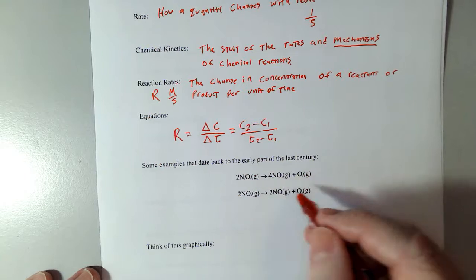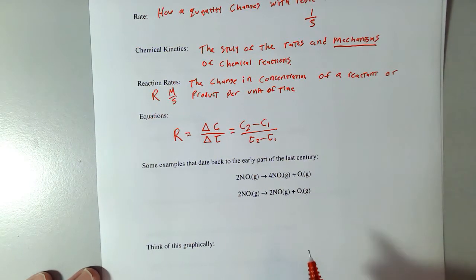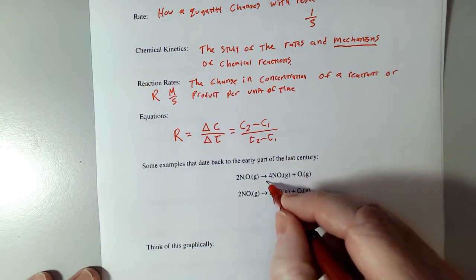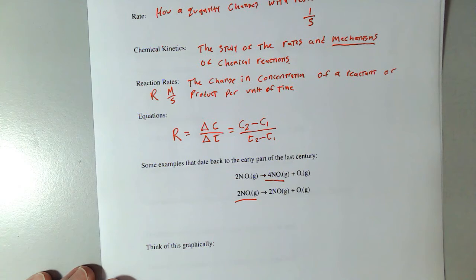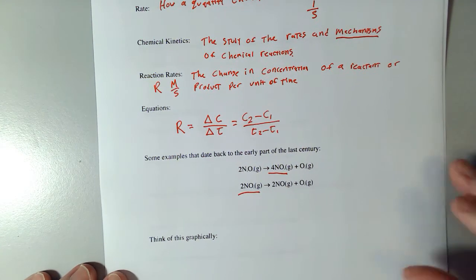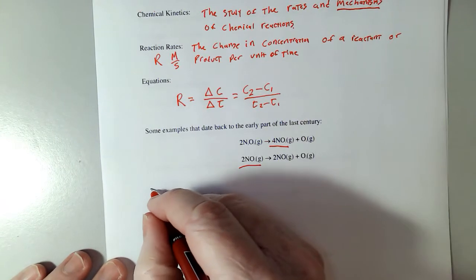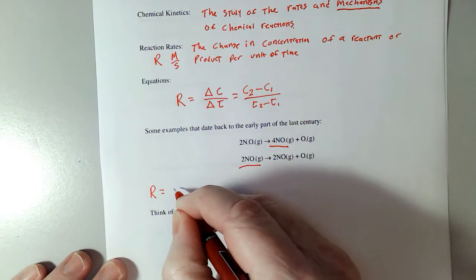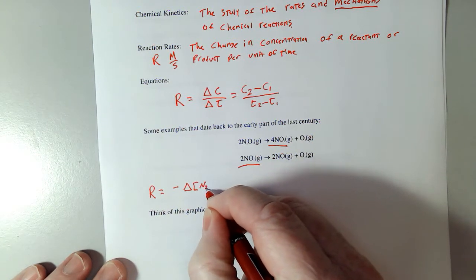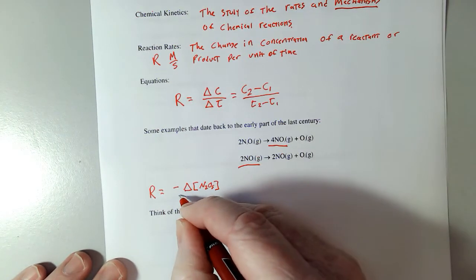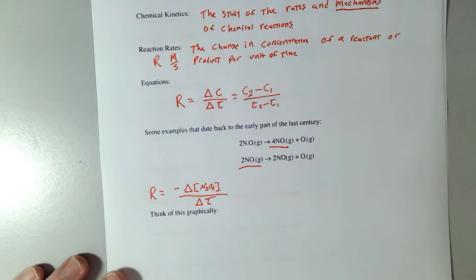So let's use these two examples here that are very popular in kinetic studies because of the presence of NO2. NO2 is a brown gas, so it's easy to measure its concentration using a spectrophotometer. So for that first equation, let's define the rate. Rate equals negative the change in concentration of N2O5 divided by the change in time.